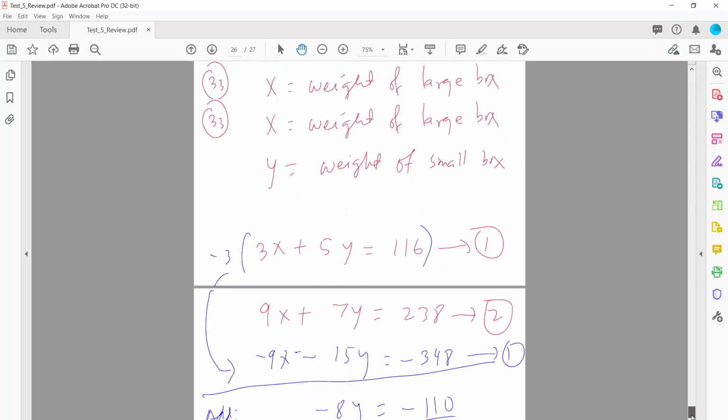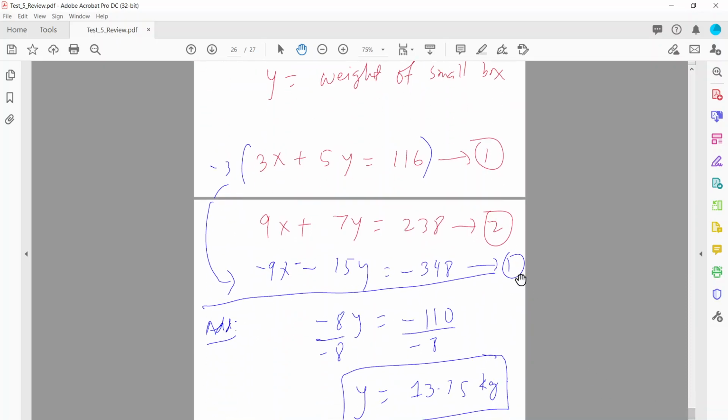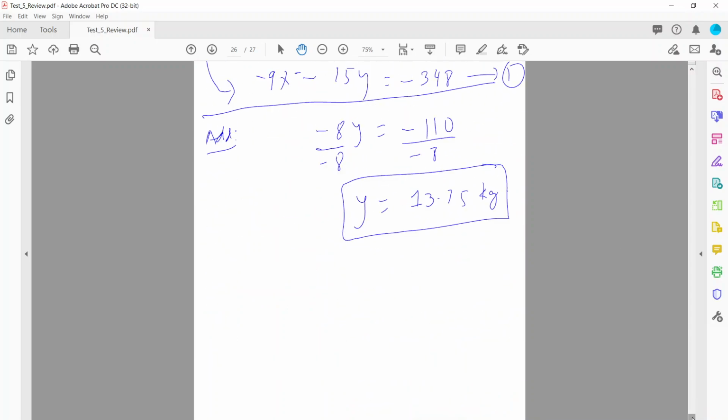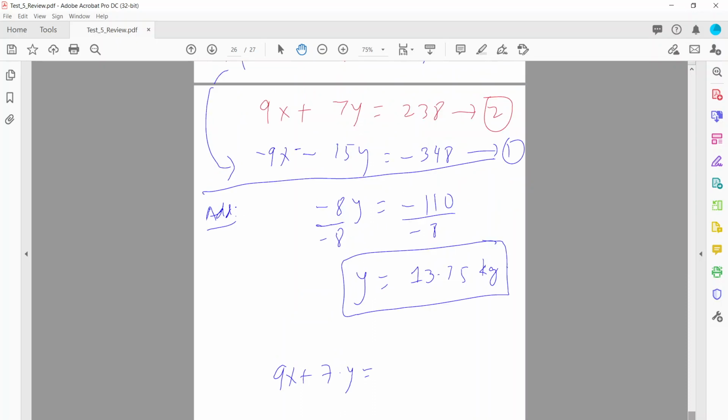To find the value of the large box, you can pick one of these equations, plug in y = 13.75, and solve for x. I'm going to choose equation 2. So equation 2 is 9x + 7y = 238, and you can choose any of them.